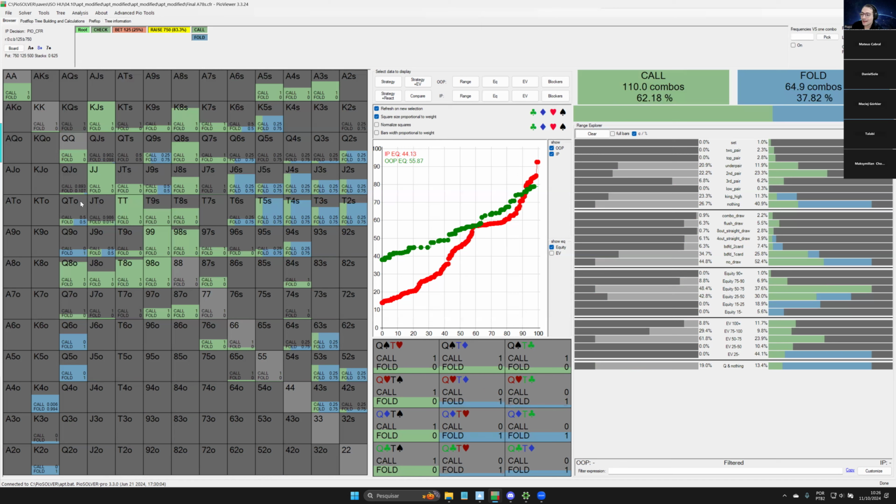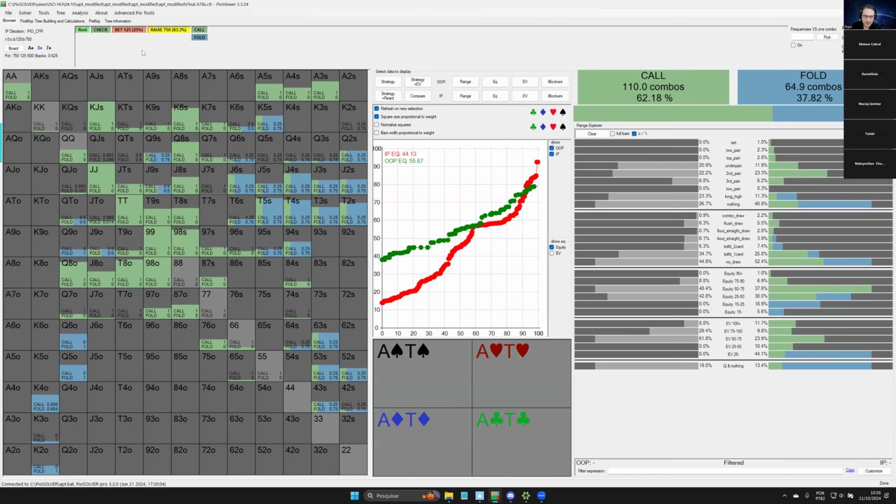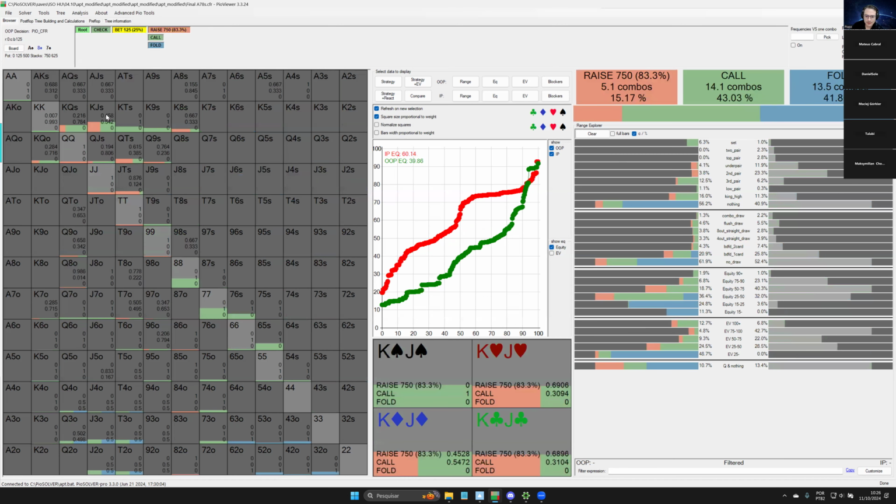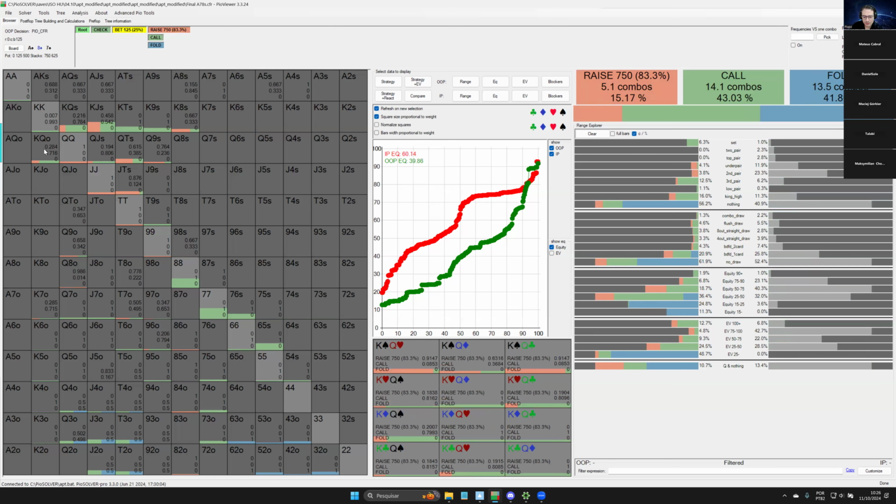So if you have a king jack raising, you really want to get called by queen jack and queen ten, right? You really want to get called by those hands. So you're going to raise without the spade, right? That's the effect that we see here, right? King jack, king queen without the spade, right? If you have those hands, you really want to have the queen ten, queen jack calling you.